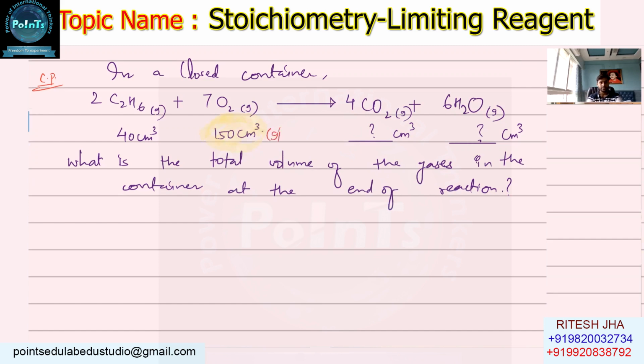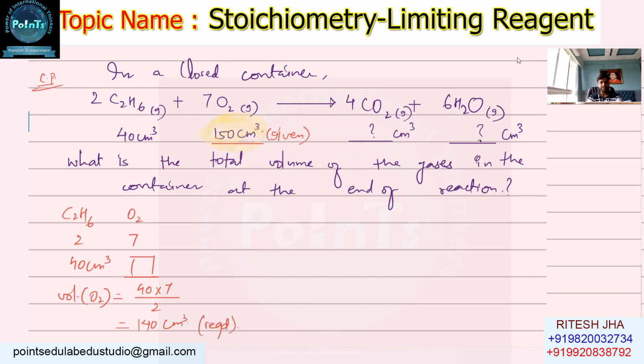I'll determine the required volume, C2H6 versus O2, 2:7. This is 40 cm cube, so what is the volume of O2 with this? 40 into 7 divided by 2, so 20 into 7, 140 cm cube. This is the required amount.